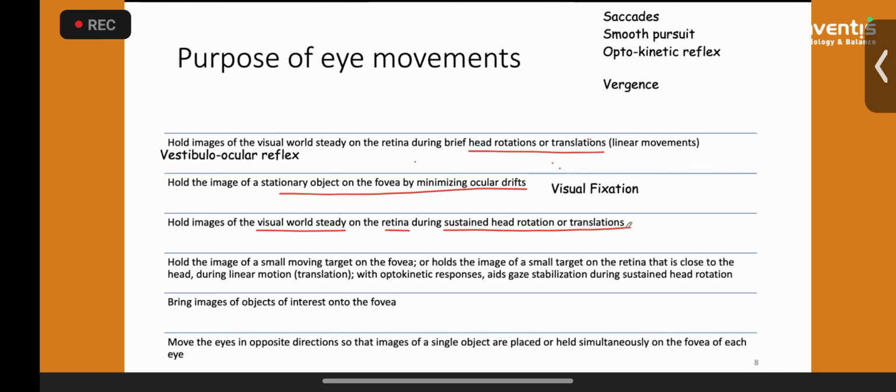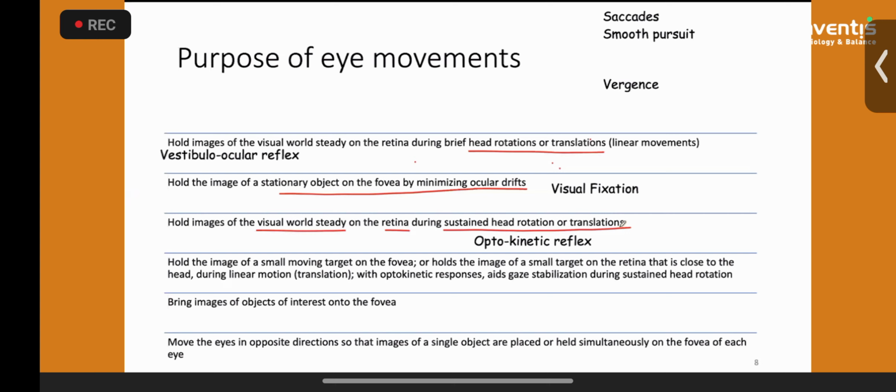Whenever you are translating, or whatever you are looking at is translating in a fixed direction, to keep the visual world steady there is a reflex called the optokinetic reflex. So that helps keep the visual world steady on the retina in this scenario.